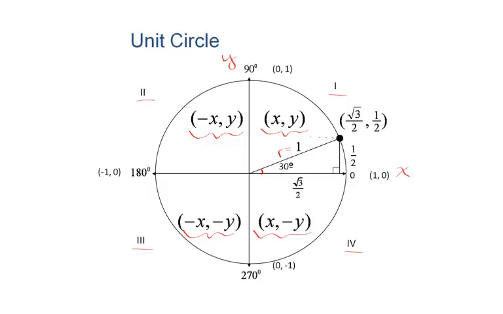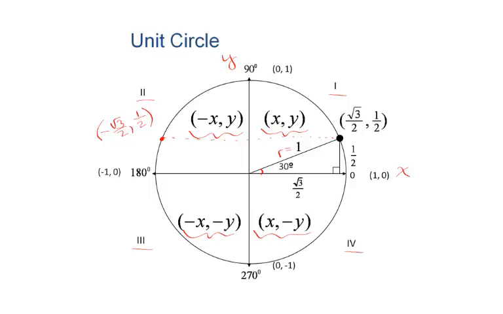Let's reflect this point directly over the y-axis. We know now that we are dealing with the same magnitude, the same horizontal or x distance, but now we are on the negative end of the x-axis. And we know that we're still on the positive end of the y-axis, and we have the same magnitude there.